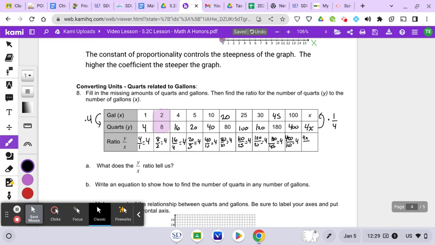Even 4x over x reduces down to 4. So what does the y over x ratio tell us? Because it's the same, it tells us it's proportional.